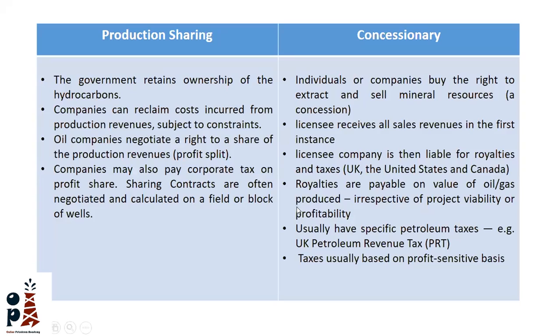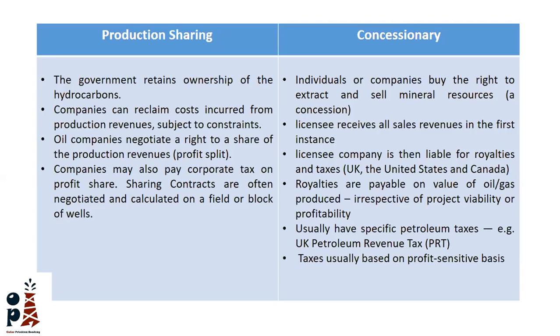So we have two common contracts in the oil industry. The first one is called the production sharing, and the second one is called the concession. In the first one, the government owns the hydrocarbon. The ownership of the government doesn't transfer to the investor.